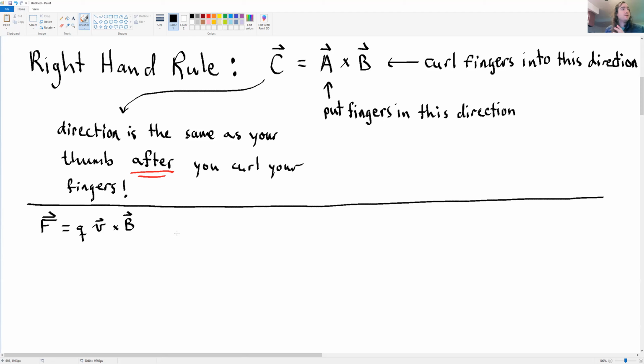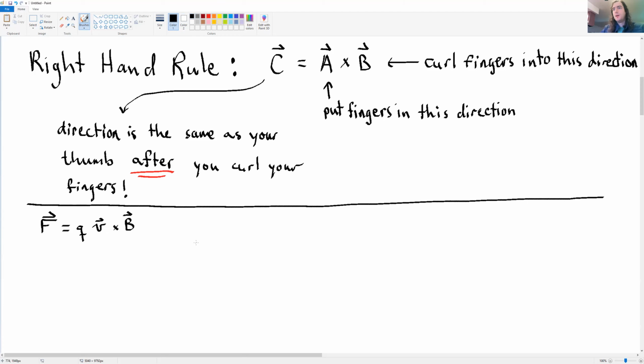That's why when I first showed how to find the direction, I put my fingers in the direction of V, and then I had to rotate my hand and curl my fingers in the direction of B, okay? So V is the first vector, B is the second vector. Fingers in the direction of V, curl them towards B, and your thumb will point in the direction of the force.